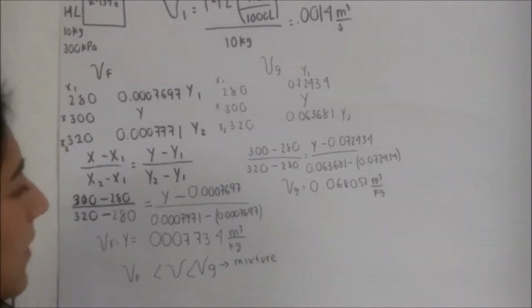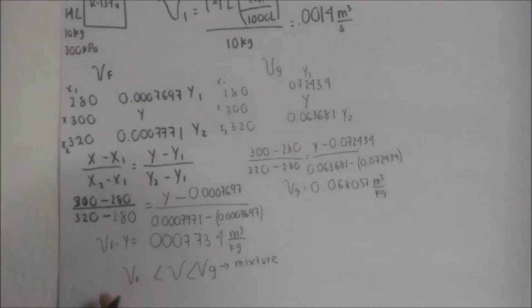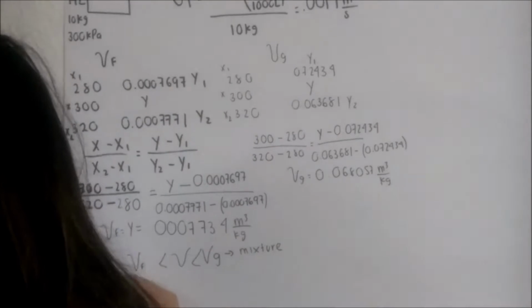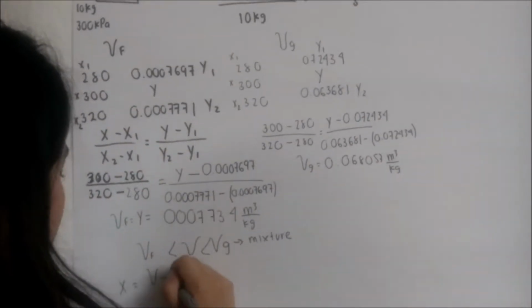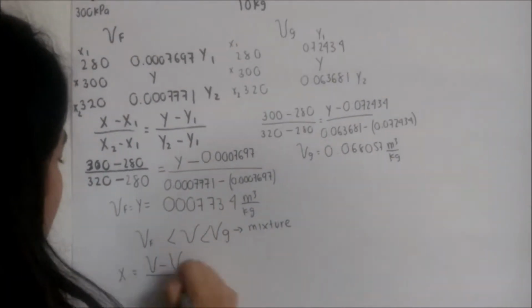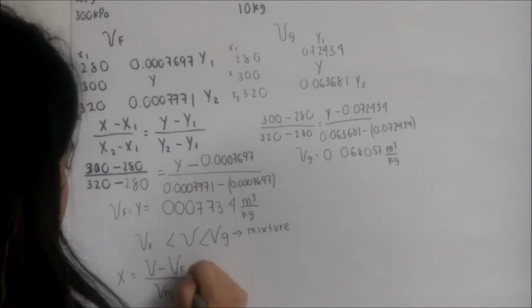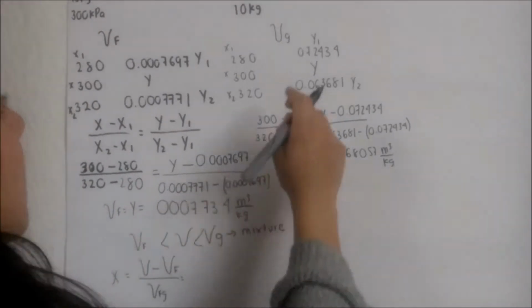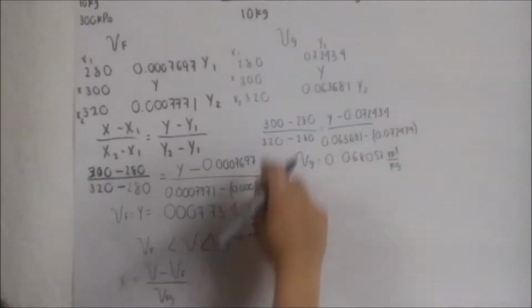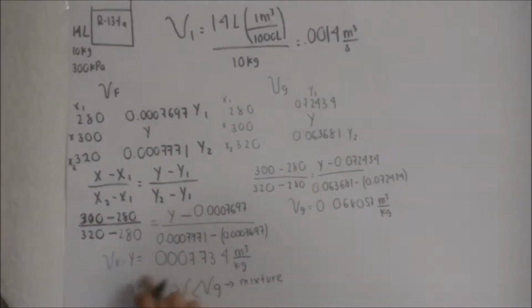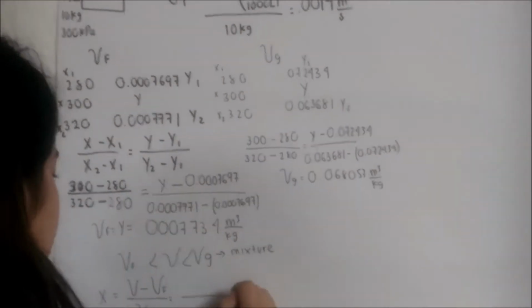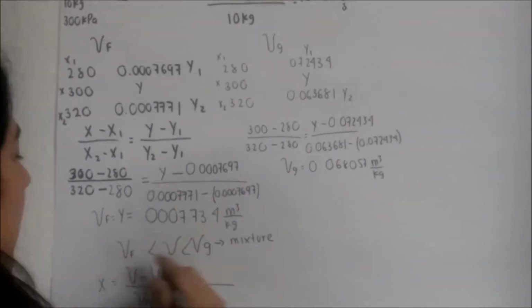So we have to calculate our x. In this case, our x is v minus vf over vfg.